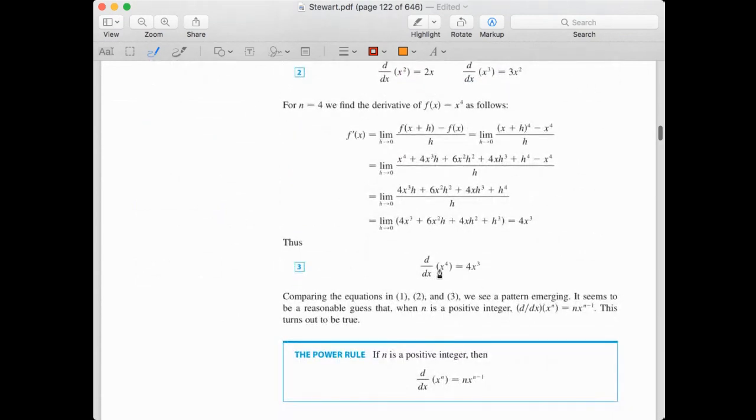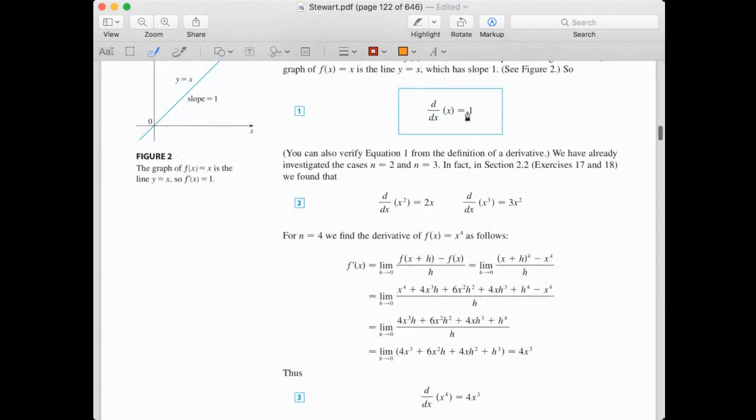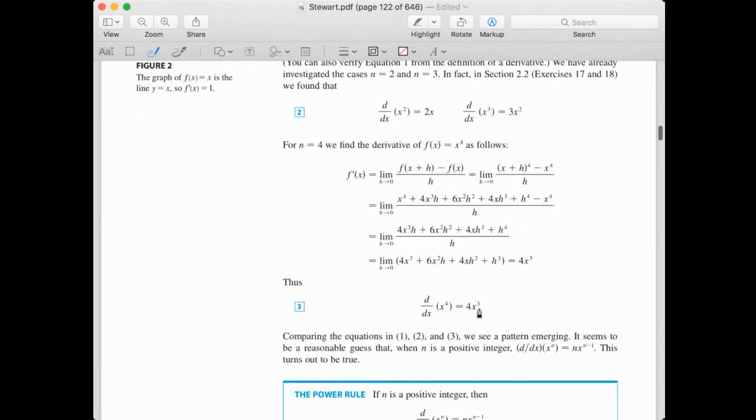And the derivative of x to the 4th equals 4x cubed. So let's see the trend. x is x to the 1. So what is the exponent? It's 1, right? So x squared, the exponent is 2, so we get 2x. x cubed, the exponent is 3, so we have 3x squared. And x to the 4th, we get 4x cubed.